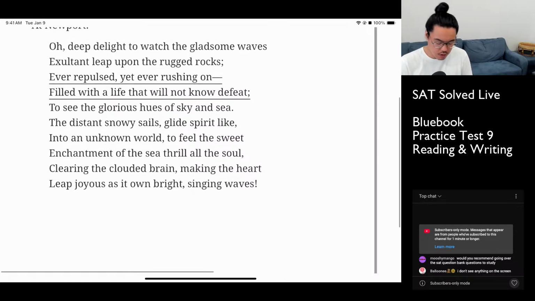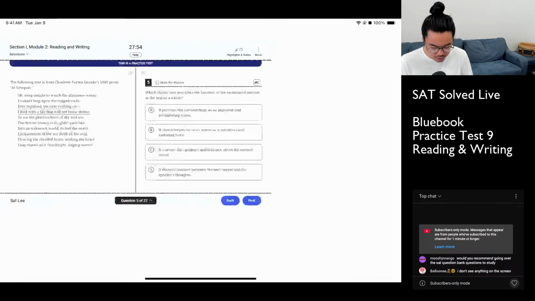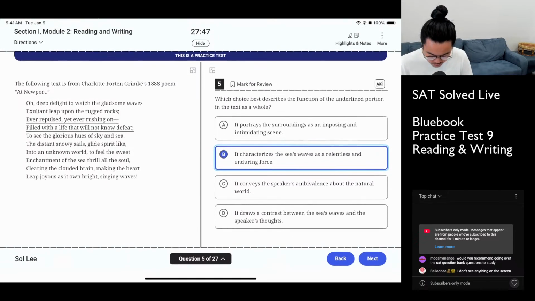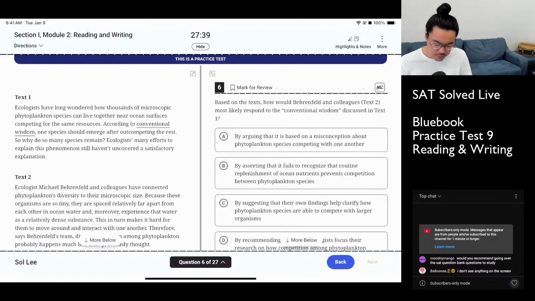So the waves are pushing forward, pushing beyond into the distant snowy state, and all that other stuff. So we're characterizing the waves as relentless and enduring. Relentless and enduring basically means no defeat, so that makes sense. Just double checking, but yep, we're characterizing the waves. That's my prediction. Let's move on.